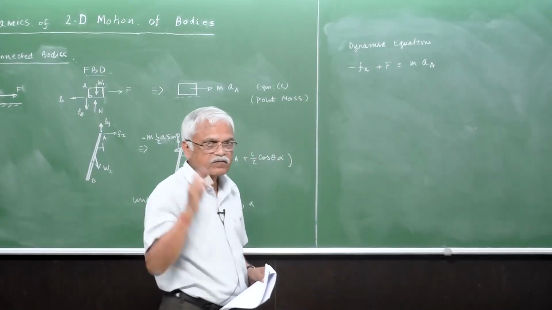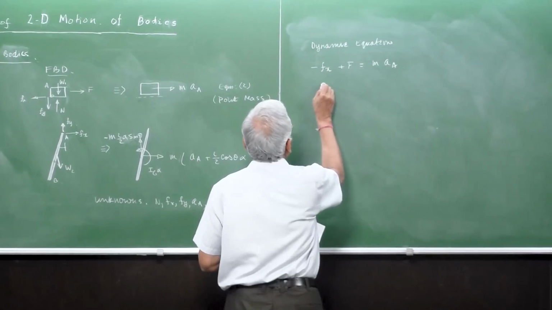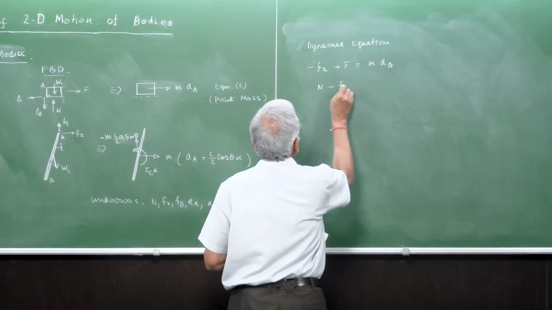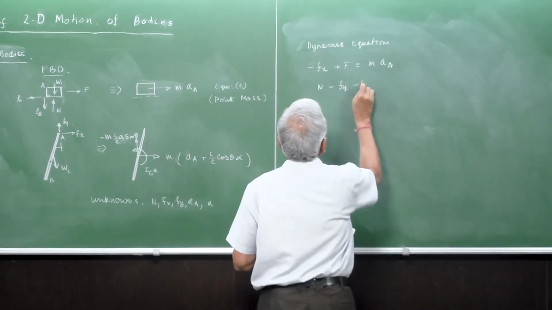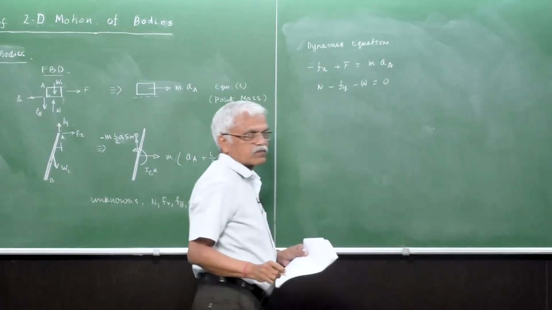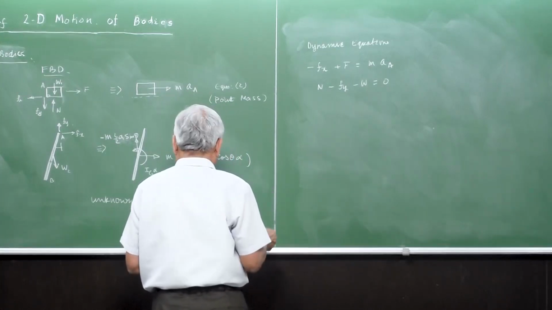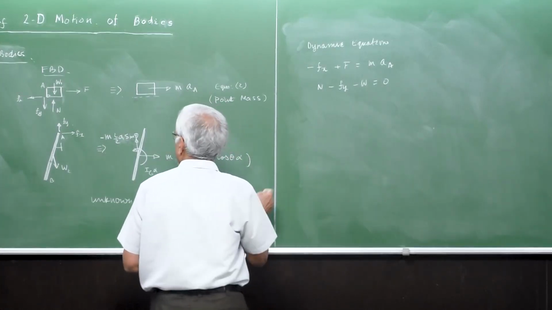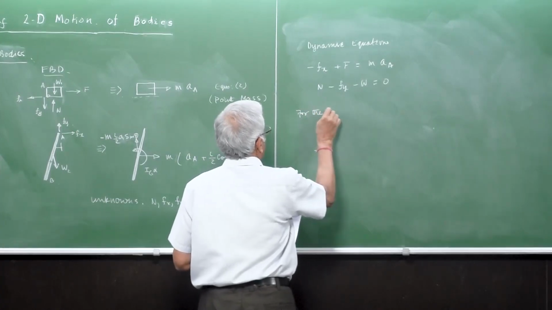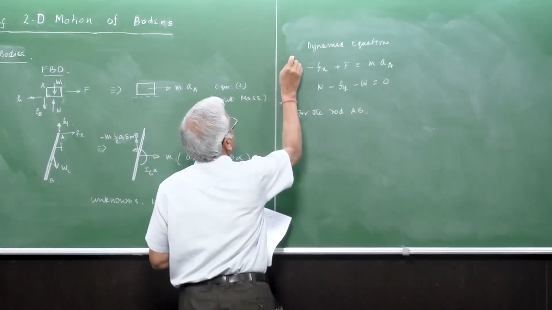So finally, again, we are summarizing all the equations. The y equation is N minus F_y minus W. That's the y component is 0 here. So this is for the block A, the point mass, and then here we have again, for the second body, for the rod.